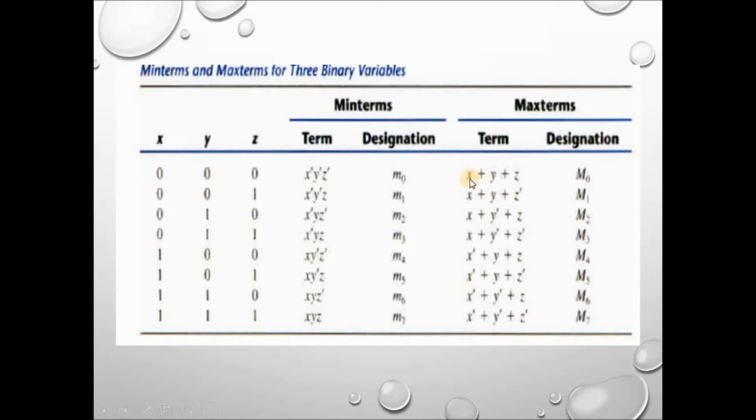Here is the AND operation and here is the OR operation. For AND you write a dot, or you may not write it, and for OR you write plus. Where x is false, you write true, and where it is true, you write false. This is the opposite of min terms.